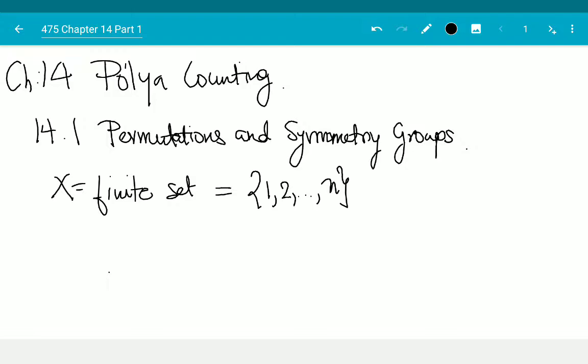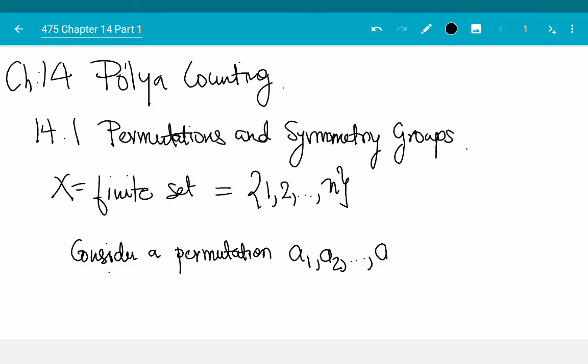Now consider a permutation a1, a2, dot dot dot, an of 1 to n of x, right?